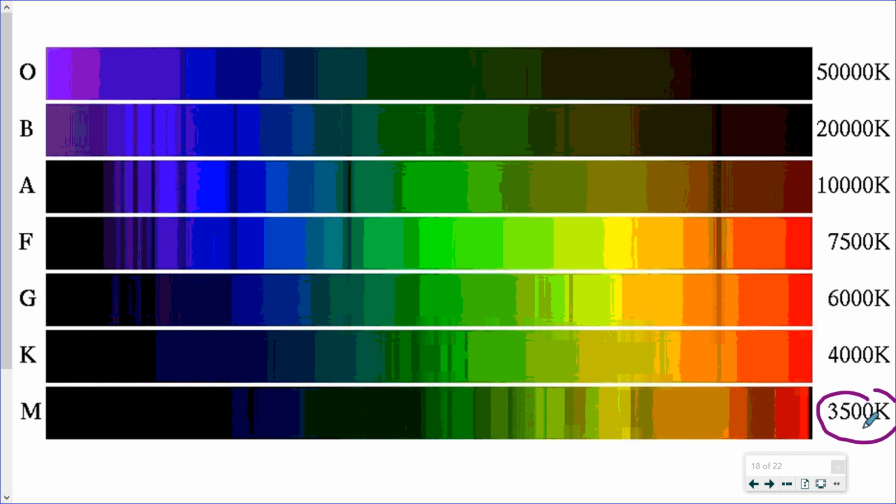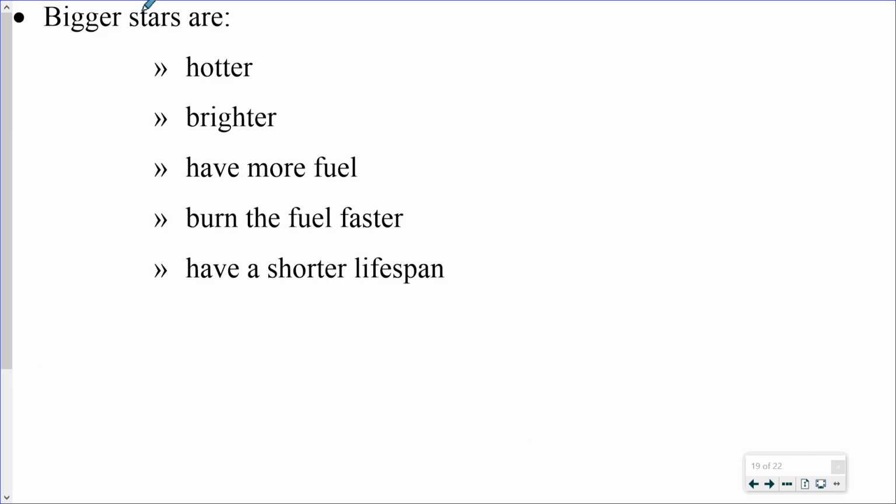But if we convert this into millions, about 3.5 million degrees Celsius, those stars will be red. As we get hotter and hotter, they turn yellow, green, blue, and eventually even purple in the hottest of the stars.